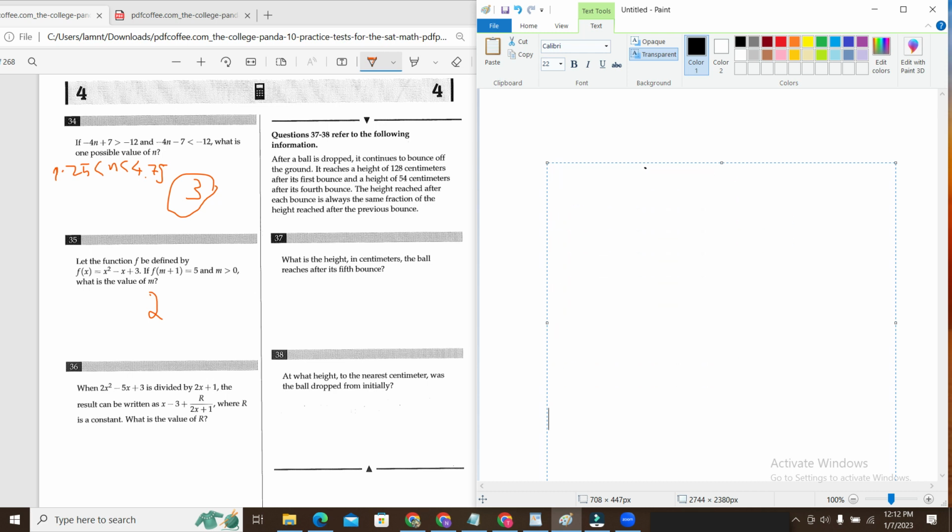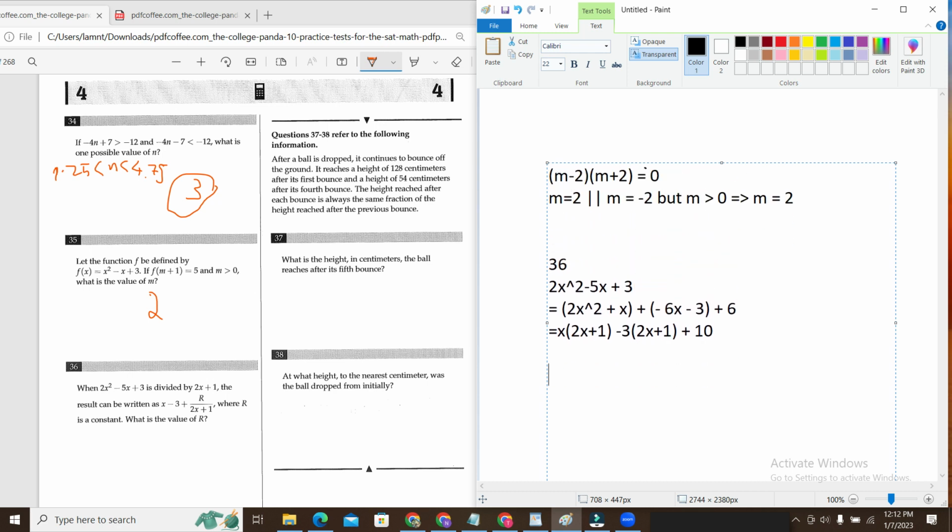Sorry, there was a miscalculation from my end, so it's 6 here. So this gives us x minus 3 times 2x plus 1, and we plus 6 as a remainder.